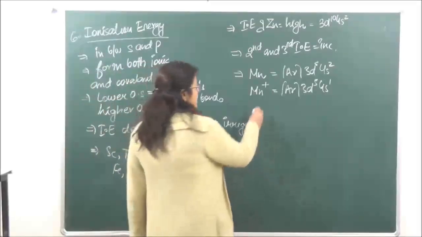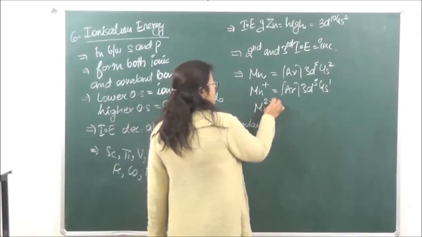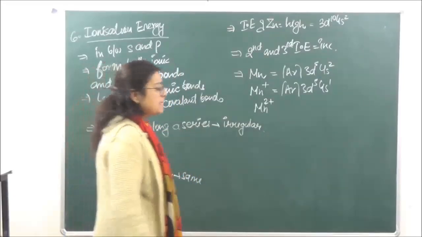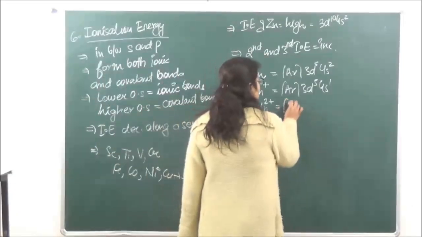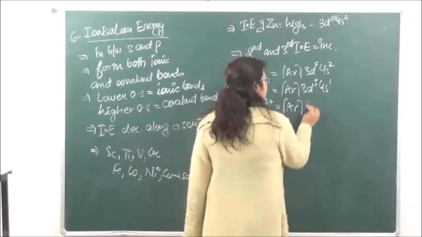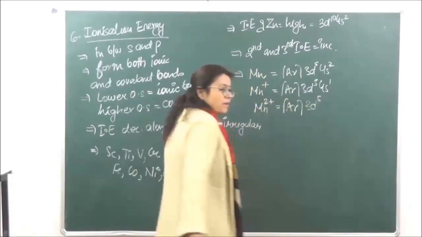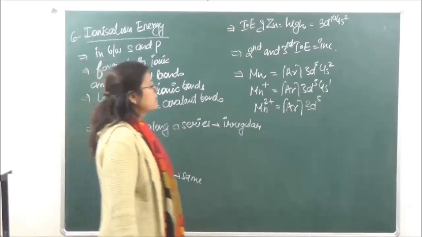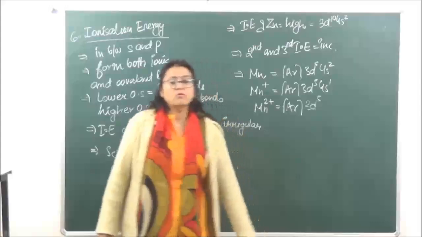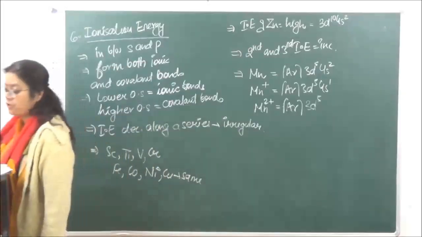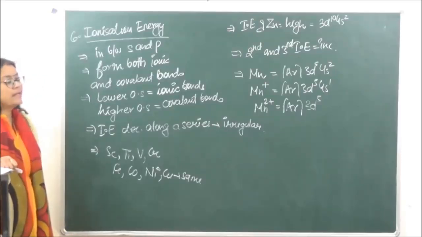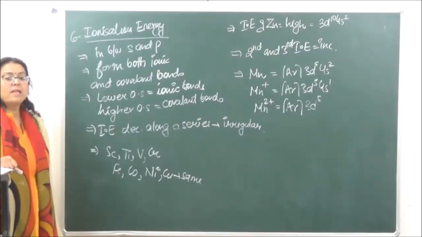Then second ionization energy means we are removing another electron and manganese goes to the Mn2 positive state, in this case argon 3d5. Now when we have to remove the third electron in case of manganese, the electron has to be removed from a stable electronic configuration of 3d5. That is the reason the third ionization energy of manganese is going to be very, very high.